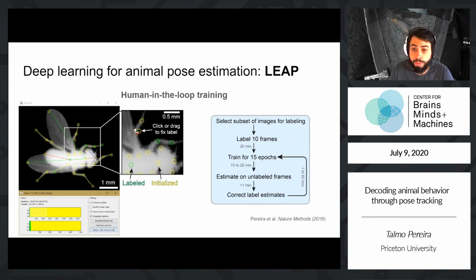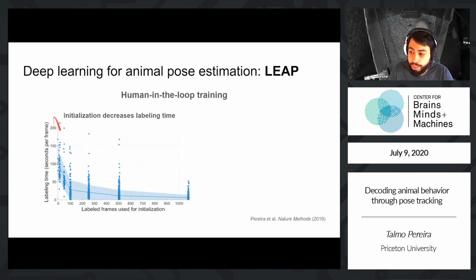And as you saw from the visualization in the previous slide, very quickly we can get to a pretty reasonable approximate accuracy, such that as we continue going through this loop of labeling and training and estimating and then correcting, the amount of time that it takes to generate a new training sample to label a new image decreases drastically.